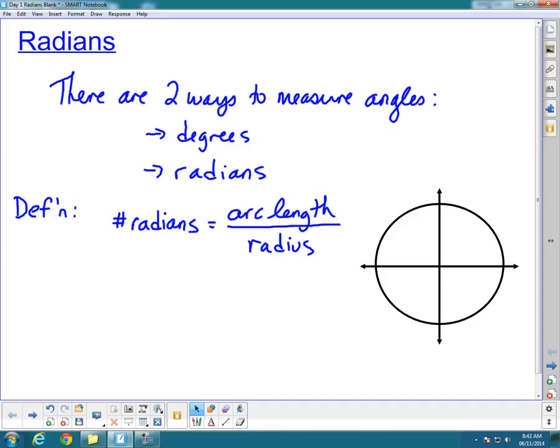So for example, what I have over here is a circle on the Cartesian plane, and I'm going to draw an angle in that circle. I'm going to start by putting an initial arm right here. We'll define these later. The initial arm is on the positive x-axis. And then I want you to imagine that this arm gets rotated counterclockwise a certain angle, and stops at what's called a terminal arm.